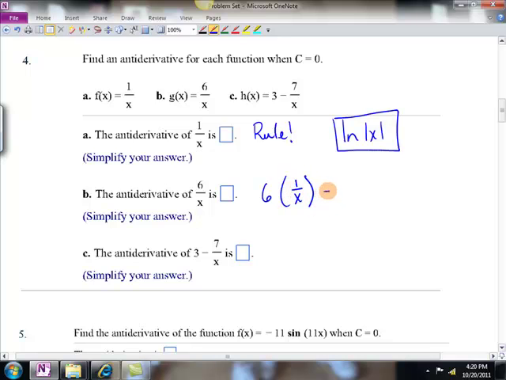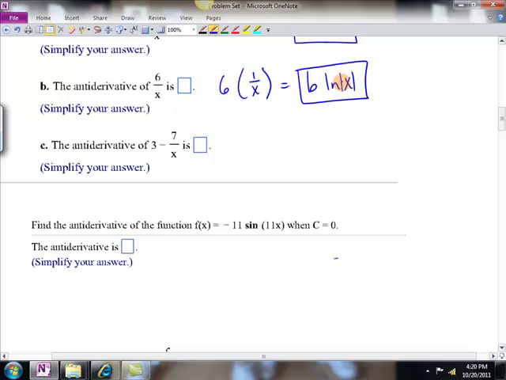So your antiderivative is going to be 6 ln x. And I just checked, and I don't think they're making you put that in absolute value or anything, so it might be fine to just put 6 ln x. Okay. All right, 3 minus 7 over x. Well, this is going to become 3x minus 7 ln x.